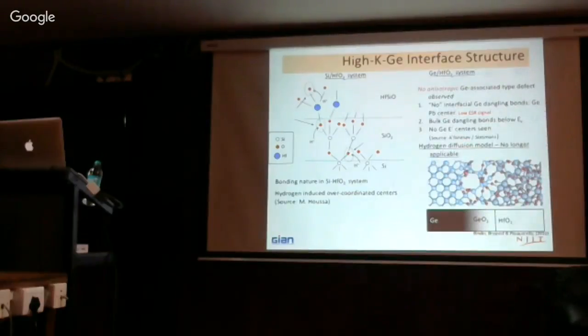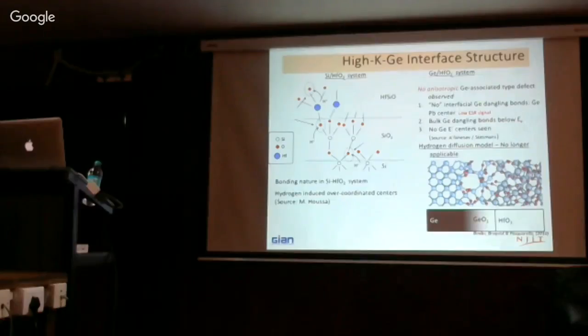If you look at the silicon structure, as I said, you have a dangling bond, silicon dioxide and hafnium oxide. But the germanium system shows a low ESR signal, actually no interfacial dangling bonds, and there is no germanium epicenter like we showed for silicon.